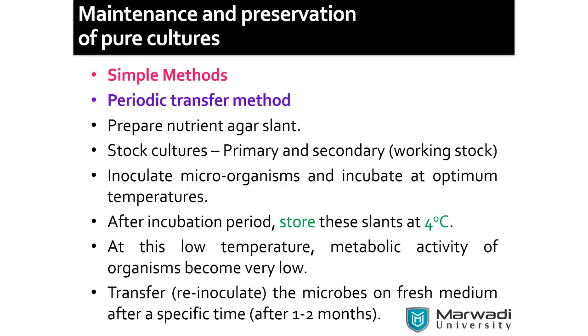Another most important part is that the storage volume required is lesser. To store the plates, it may require more space in a freezer. If you are working with some 100 microorganisms, 100 isolates, you will require one whole segment or one compartment of the freezer for storage.